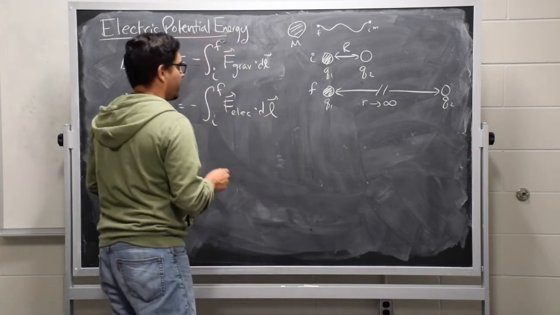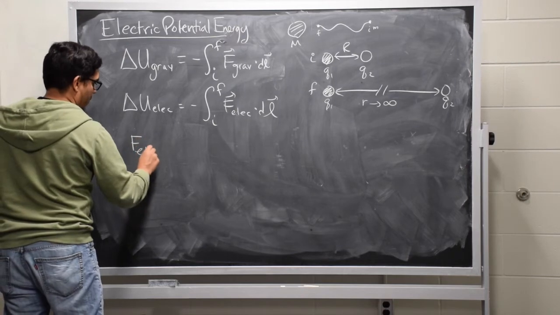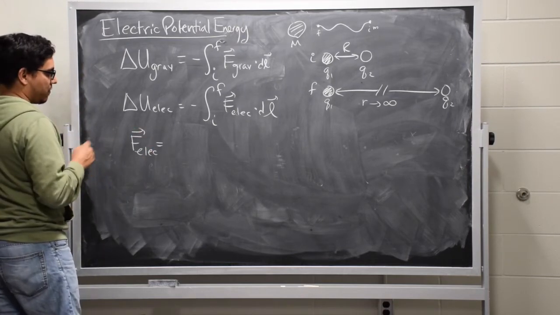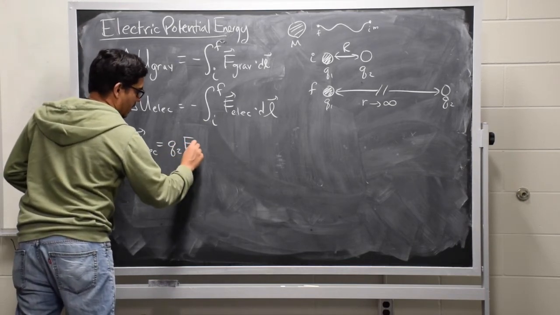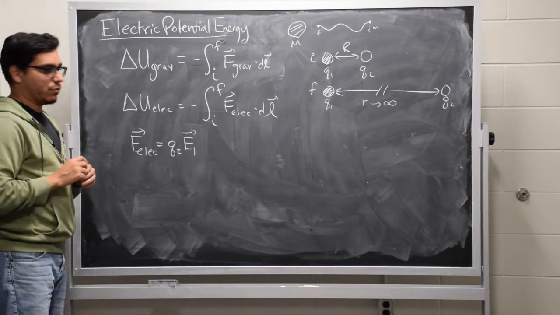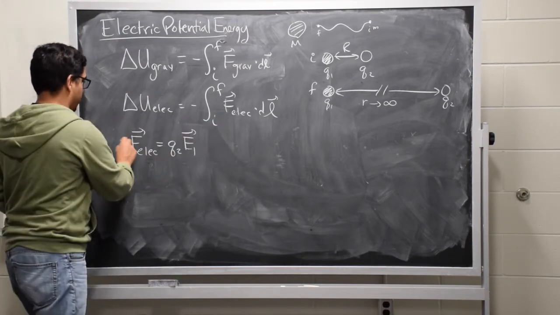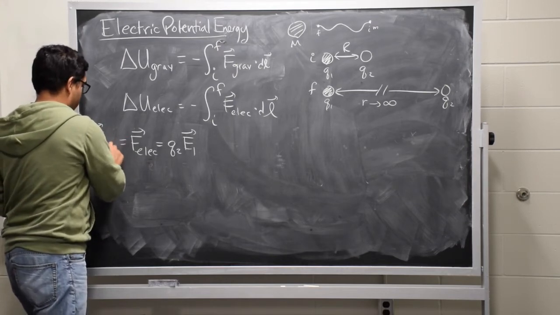So the idea here is that what we can do is start from this description of the electric force, where we are looking at how Q1 acts on Q2. So Q2 will be our test charge, and E1 will be our electric field due to 1. So this is the electric force that goes in here, but really what this is actually is the force that 1 exerts on 2, right?